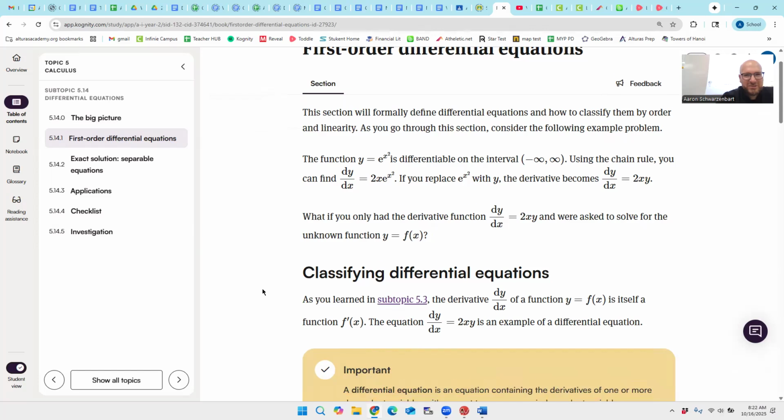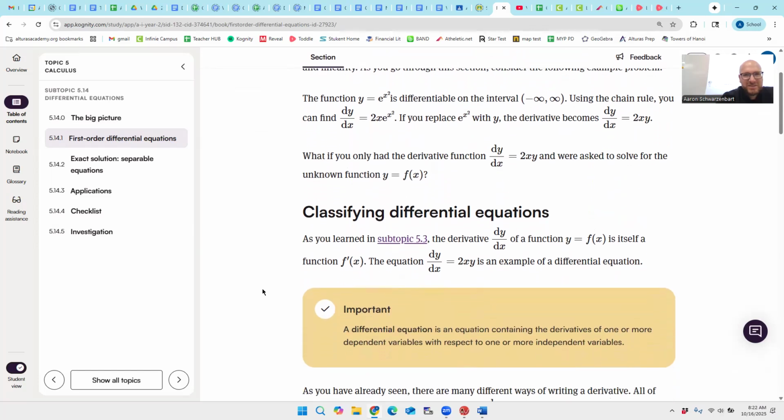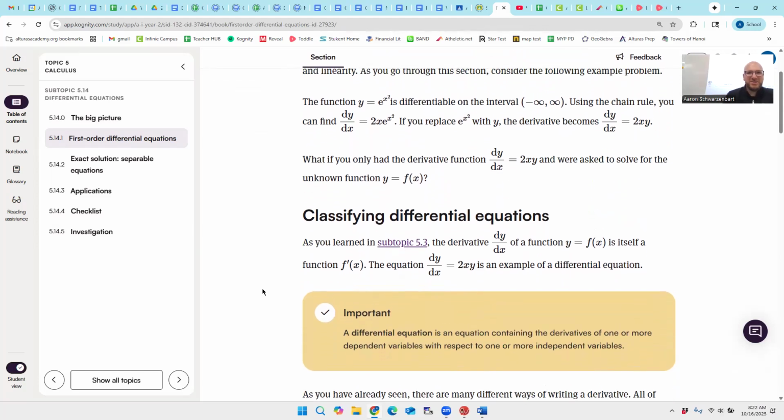First order differential equations. Okay, so you've seen differential equations like this last year. You couldn't actually integrate that, but you could replace e to the x squared with y.